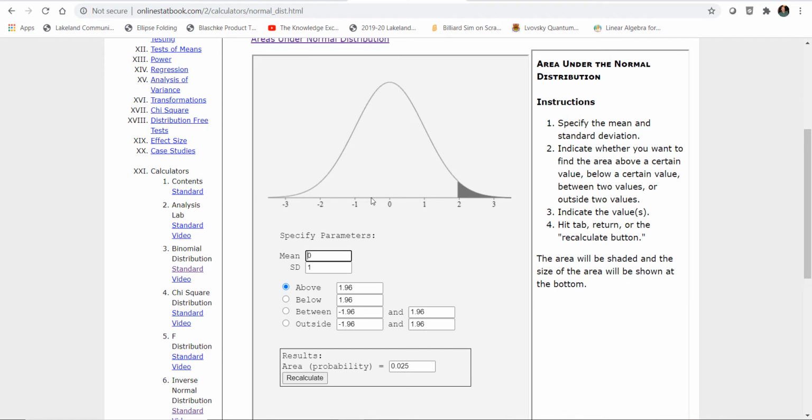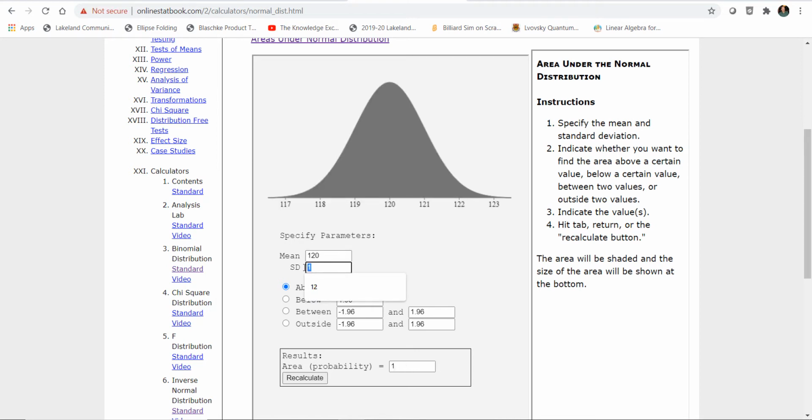Although this is the standard normal distribution, this is what we call Z. I want my mean to be 120, and I want my standard deviation to be 7. And I'm looking for the probability that, oh no, the standard deviation was 5, excuse me. And I'm looking for the probability of being above 127. And it tells me that the probability is about 8%.